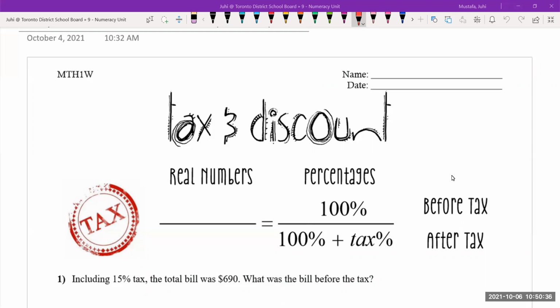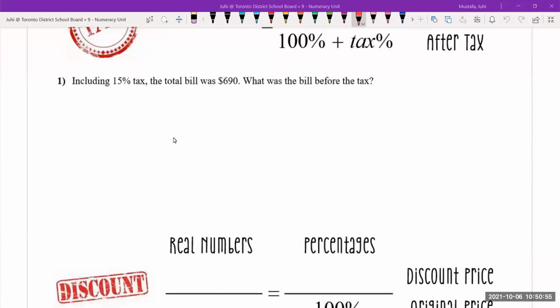Here's a question: the total bill was $690, and with the tax included, what was the bill before the tax?